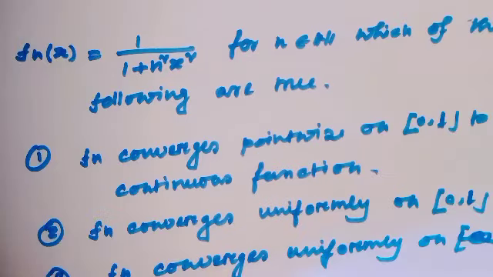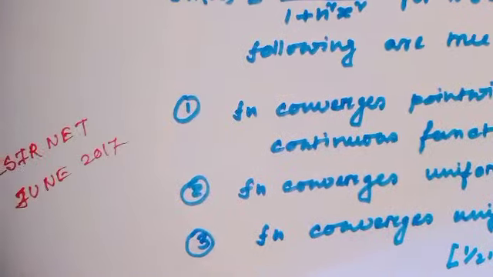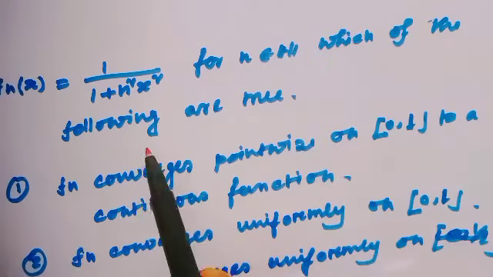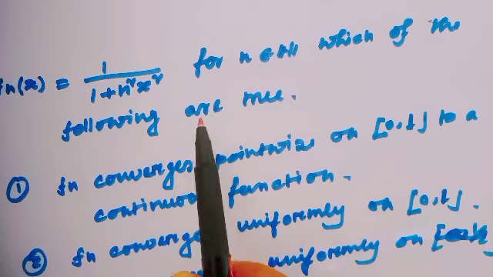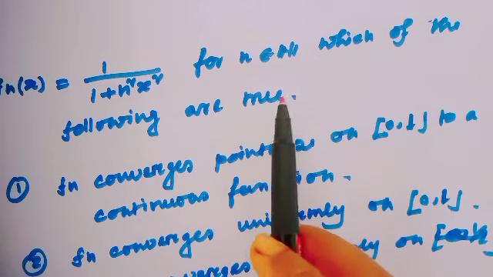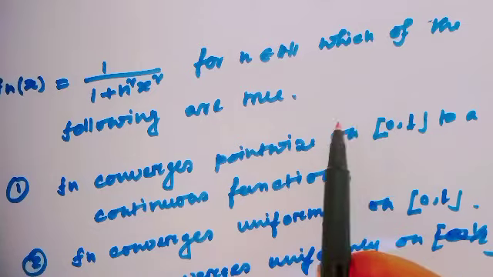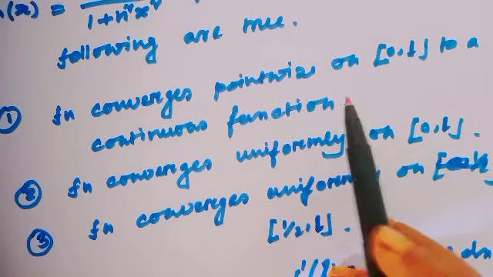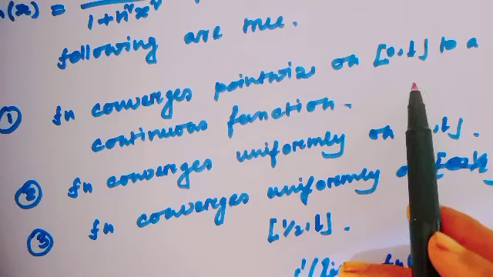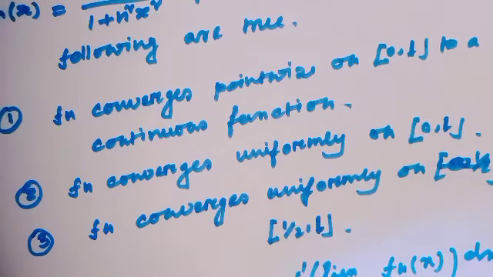Let's take one question which came in the CSIR NET June 2017 exam. The question is fn(x) equals 1 over 1 plus n square x square, and this is true for all n belonging to natural numbers. Which of the following statements are true? Option 1, fn converges pointwise on the set closed 0, 1 to a continuous function.